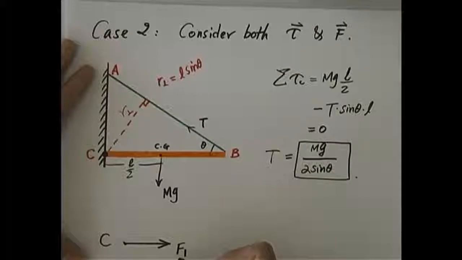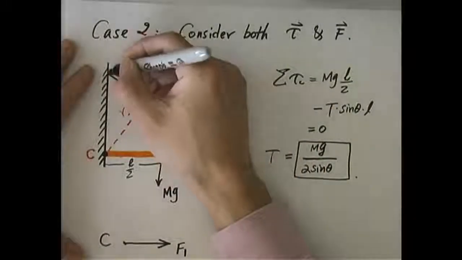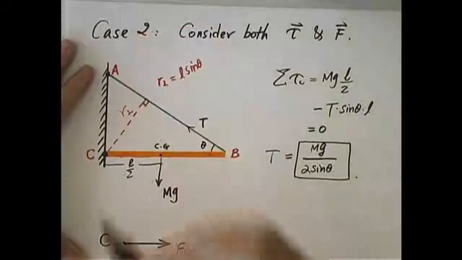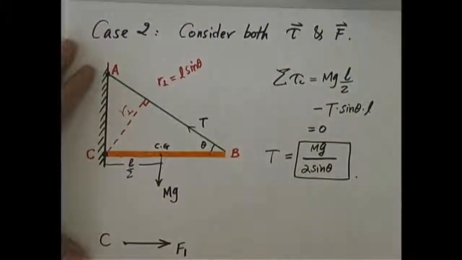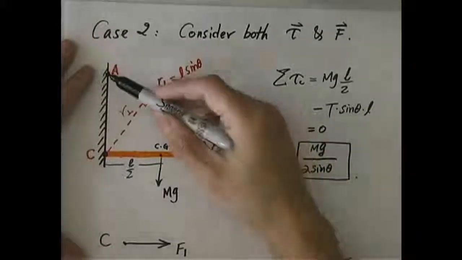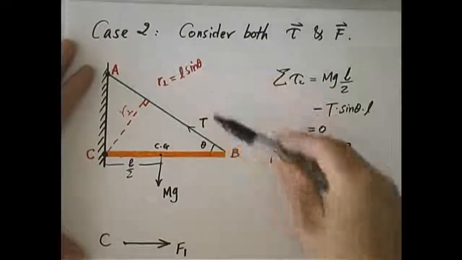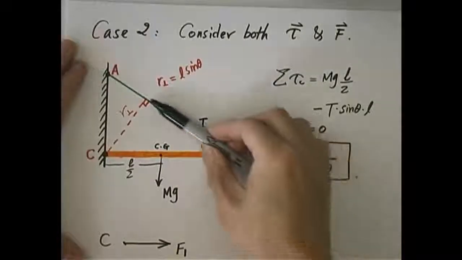As a matter of fact, this is not the only way to make sure that the horizontal force at point C has to be pointing to the right. There are other ways to guarantee that. For example, I can apply the torque theorem about point A. I'm not really going to do it, but suppose I did. Without even writing down the equation, you know roughly what's going to happen. If you apply the torque theorem about point A, the tension has no lever arm because it goes right through it.